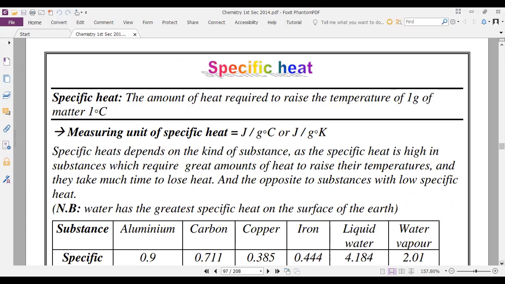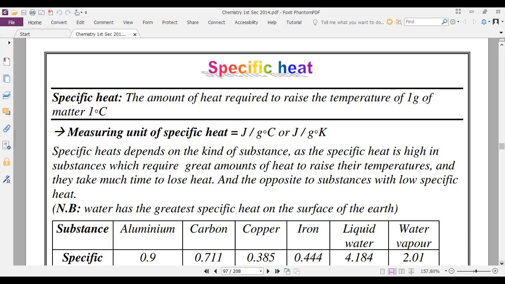So specific heat is the amount of heat required to raise the temperature of 1 gram of this matter by 1 Celsius, and its measuring unit equals joule per gram Celsius or joule per gram Kelvin.